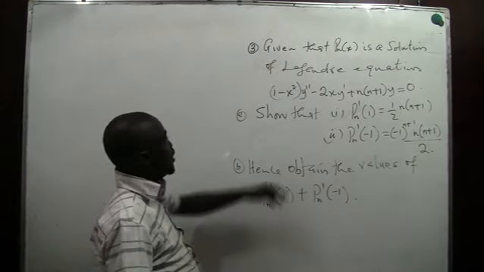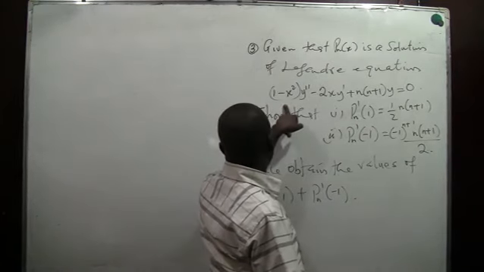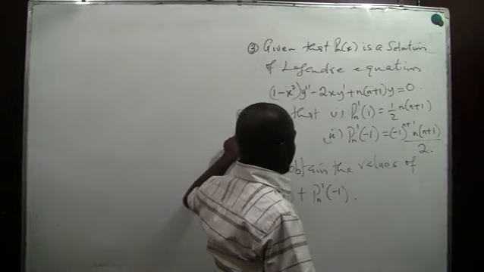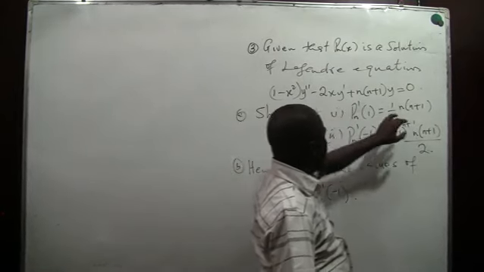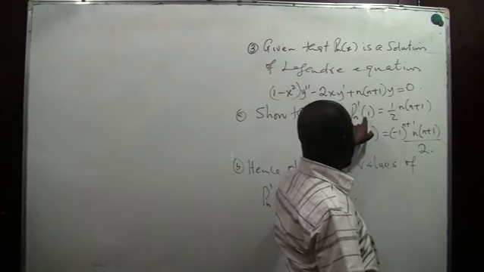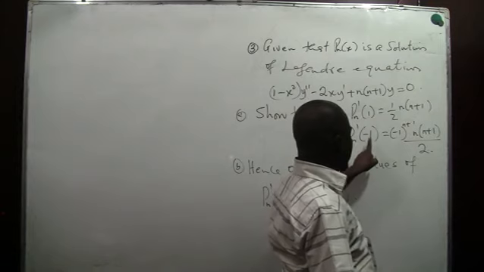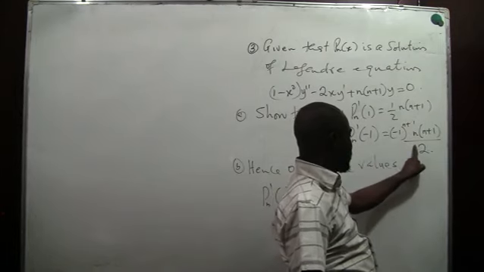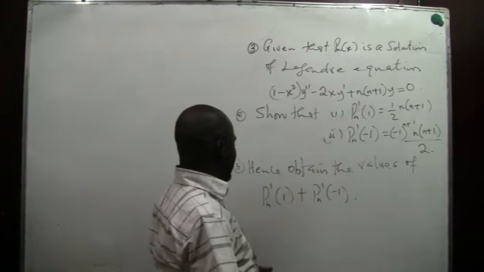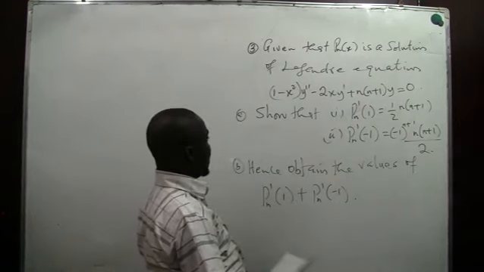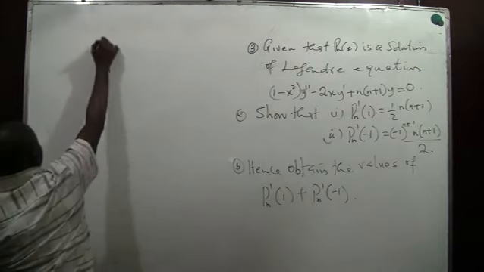We were given that Pn of x is the solution of the Legendre equation. The first part of the problem, we have to show two things. That if I differentiate the solution, given that x equals to 1, I will have this. If I differentiate the solution, given that x equals to minus 1, I will generate this. And the second part says that we should add the two results together and see what the final answer will be. Let's start this way. Solution.